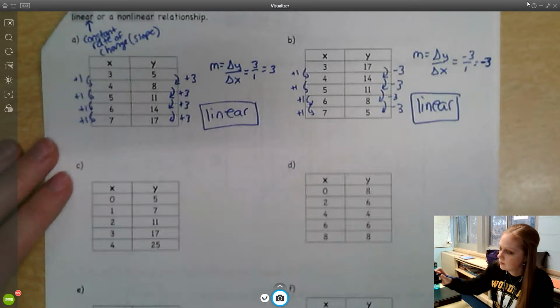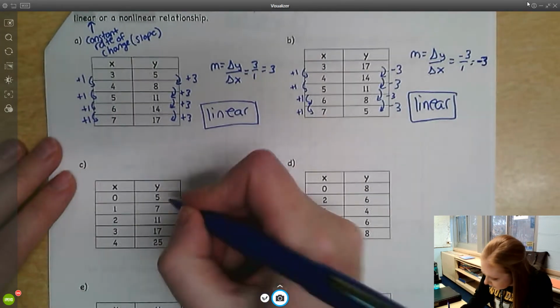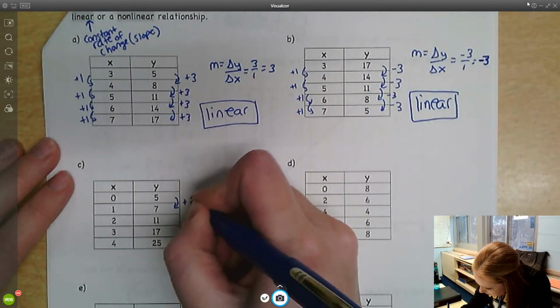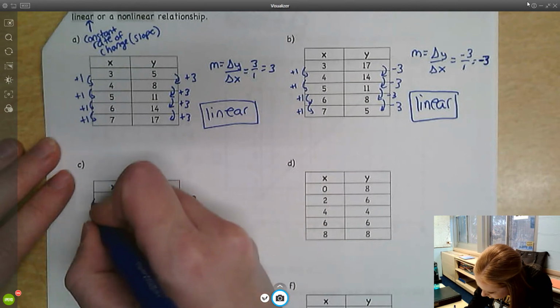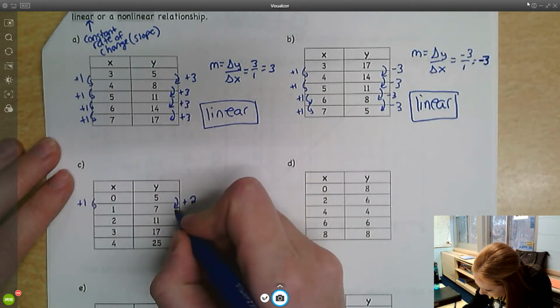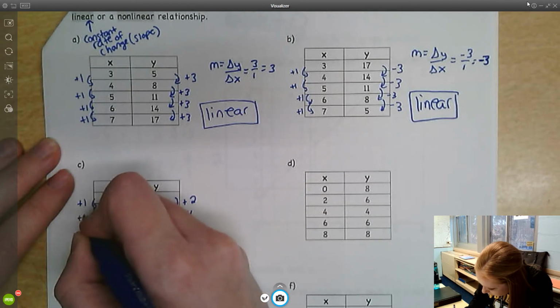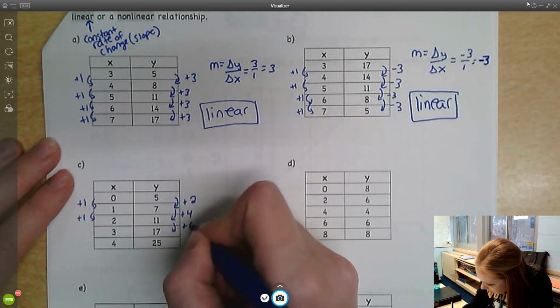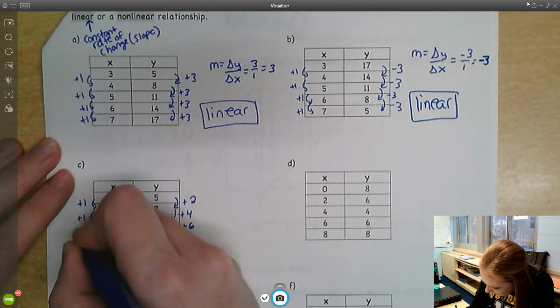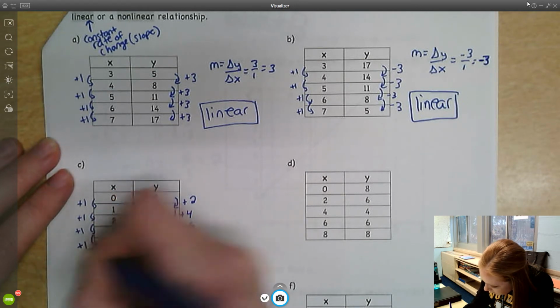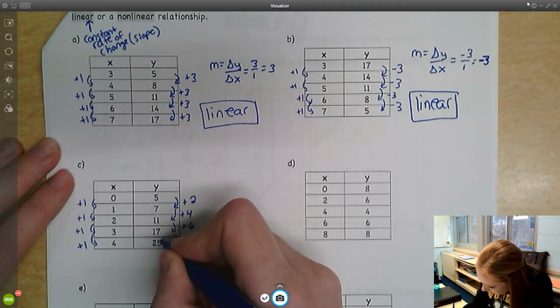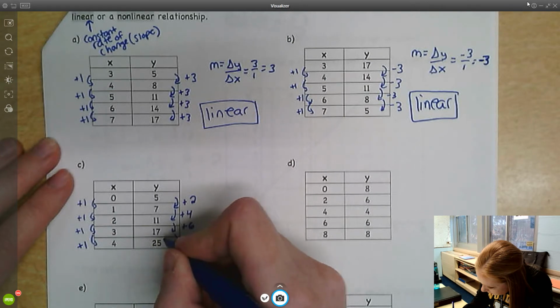Okay, for C, our change in y, we're going up 2, up 1, up 4, up 1, up 6 to get from 11 to 17, up 1, and this would be up 5, 6, 7, 8.